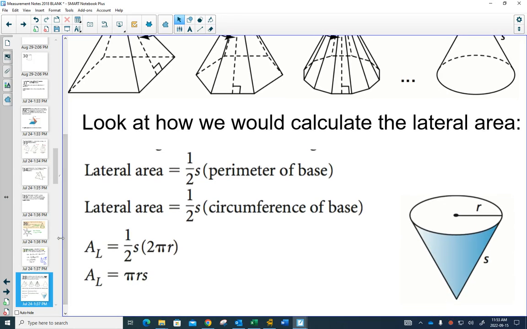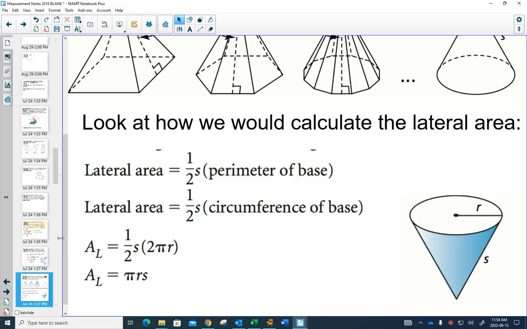So the reason the formula that we just looked at is kind of cool is because the lateral area, which is just the triangles around the side, the formula for that was 1/2 times the slant height times the perimeter of the base. And as we morph it into a circle, can you see that the perimeter of the base becomes the circumference?